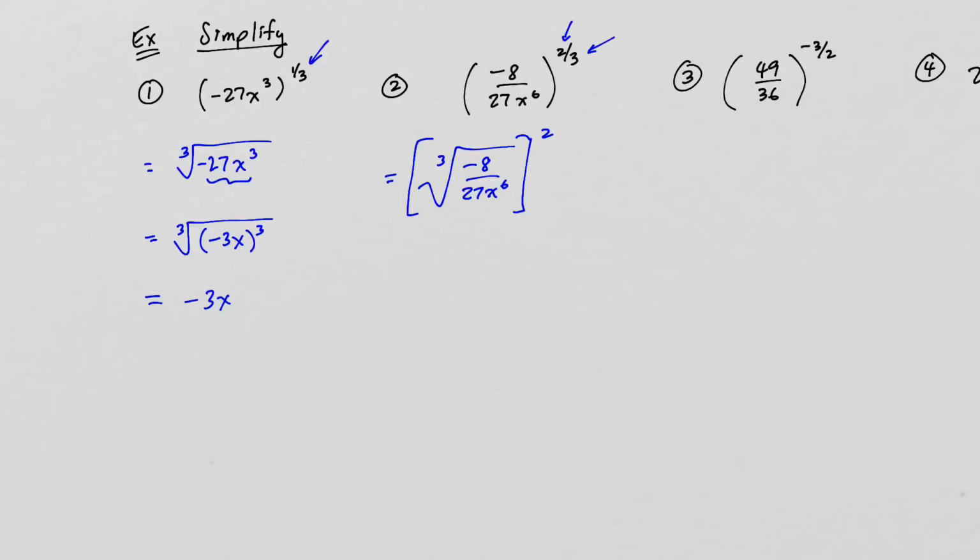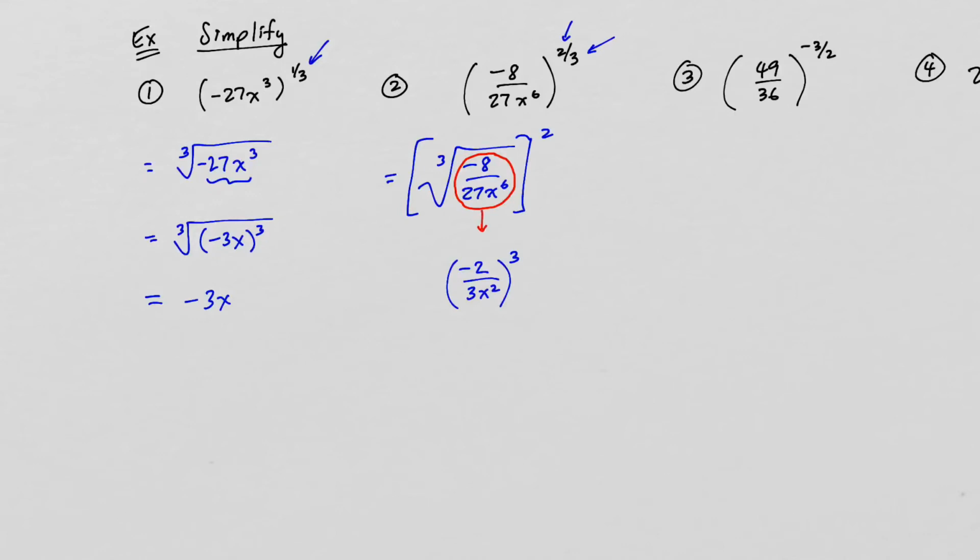So to do this, I'm going to express this thing as a perfect cube. So to express that as a perfect cube would be -2 over 3x squared quantity cubed. That is what this is equal to.